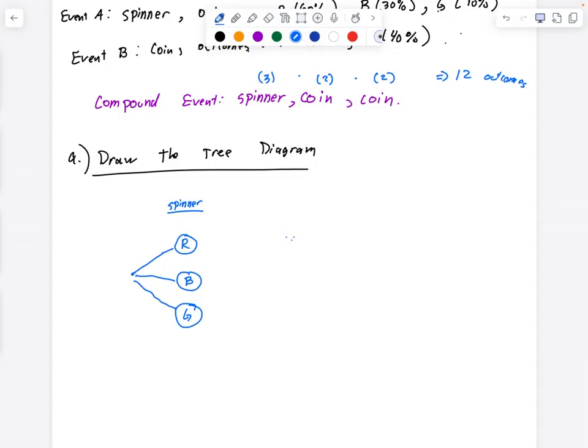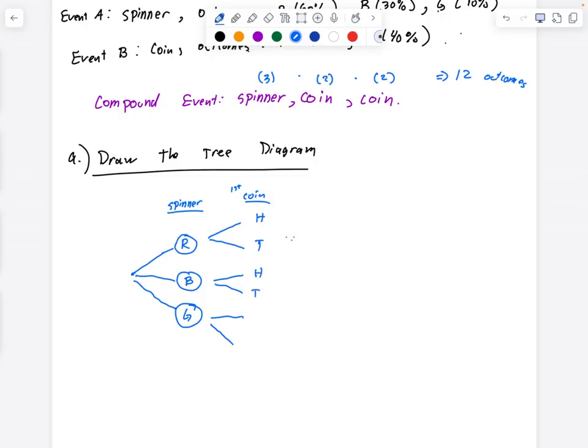And so this is a coin, the first coin. We can go heads or tails. This can be heads or tails, heads or tails. Now notice I didn't circle them this time just to show that you don't have to have them circled. If you'd like to put those circles around there, please, by all means. I saw a lot of you did that when you were doing your tree diagram inside your do now.